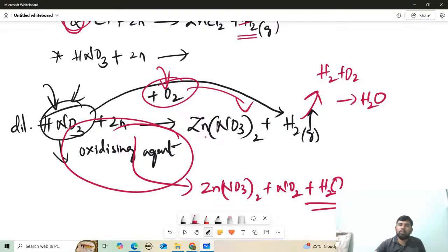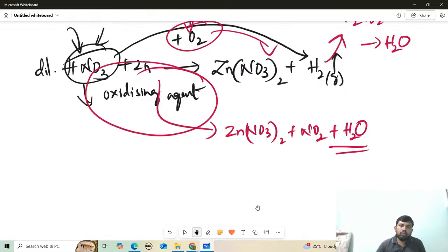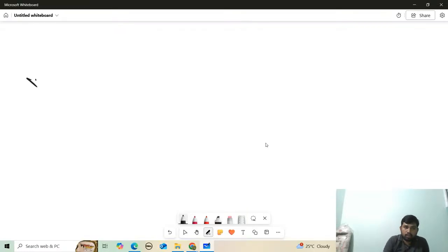One more question is given here, sir. One more example they have given: repeat the activity with one more substance. They have taken CH3COOH plus Zn.